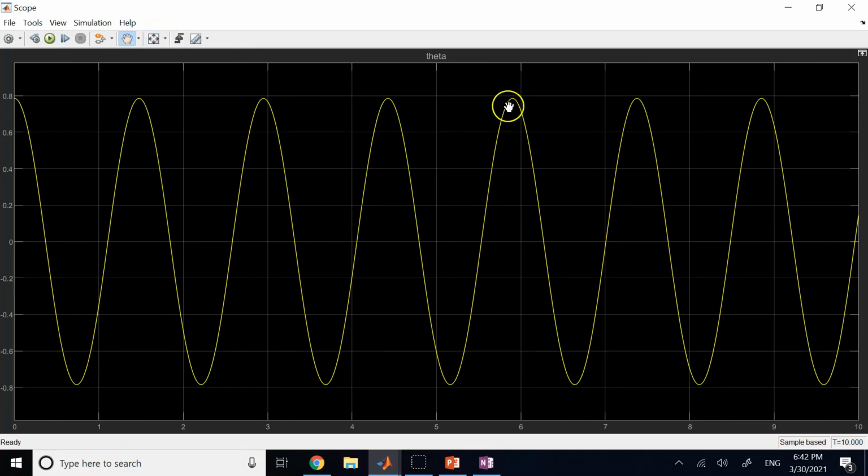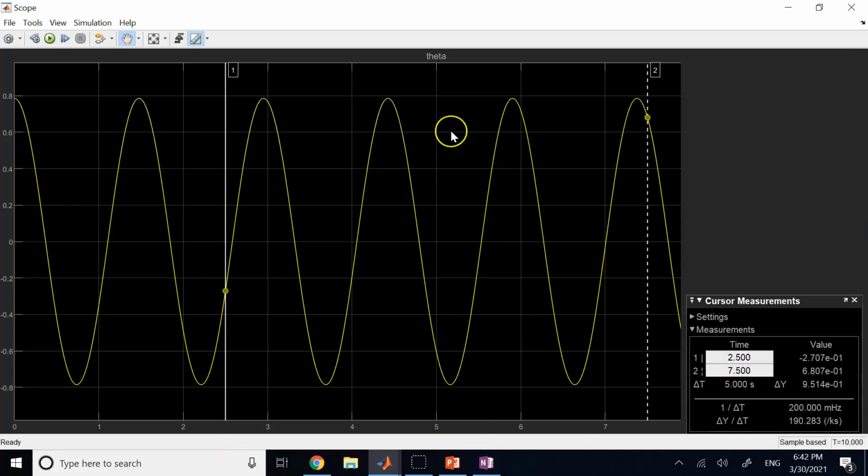And if you want to do measurements at any specific point or in a specific time slot in here, you can click on this, okay, cursor measurements. If you do that, then it will give you a range between two cursor points, and then you can get them as close as you want, or you can separate them.